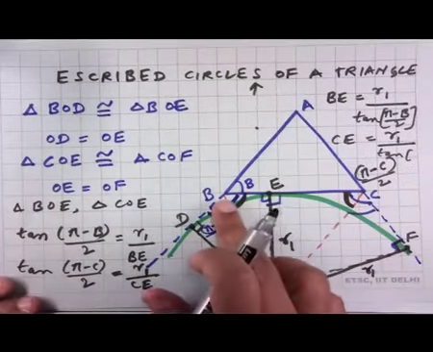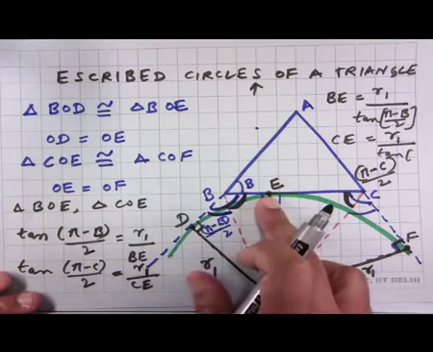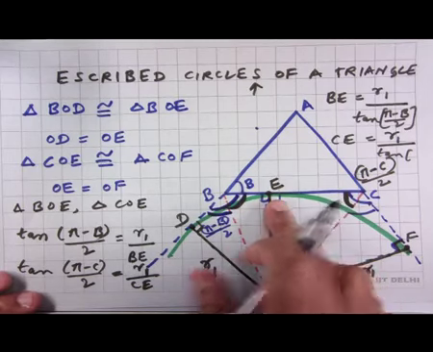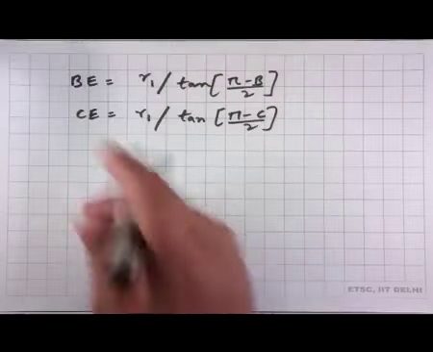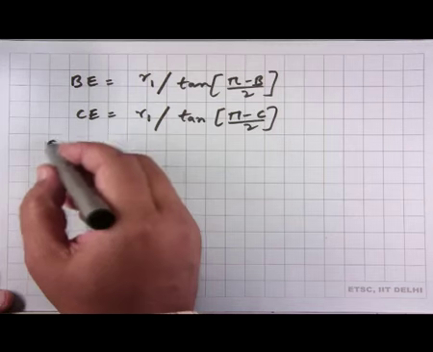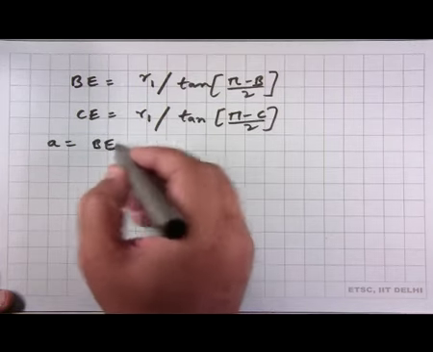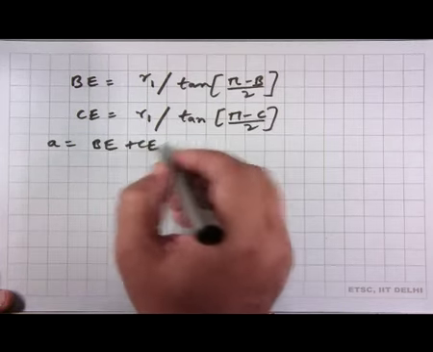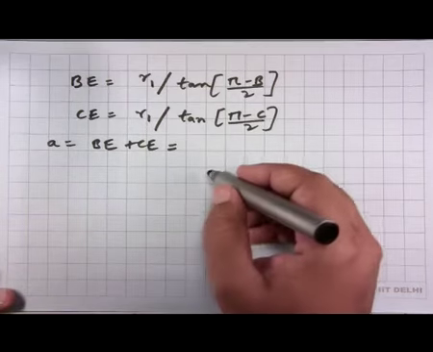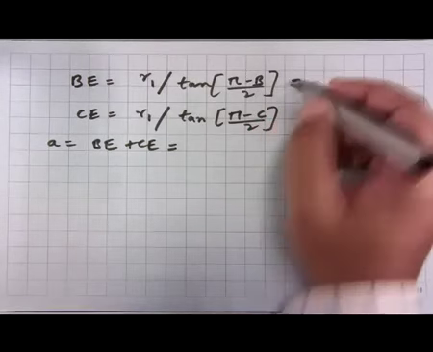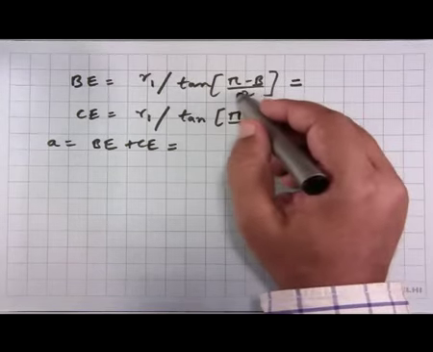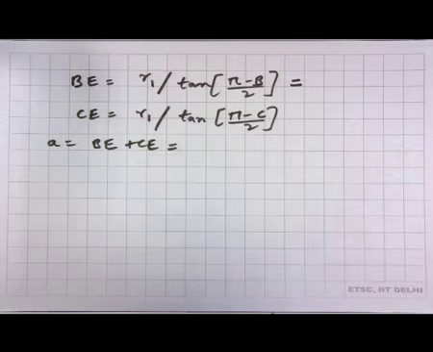But we also see from this figure that the sum of BE and CE is nothing but BC, which is equal to A, and therefore if we add these two we get A is equal to BE plus CE, which is equal to, and this can be further simplified a little bit because we know that tan of pi by 2 minus theta is equal to cot of theta.